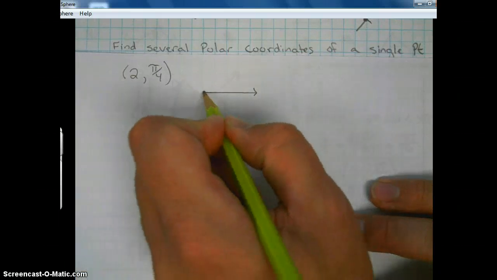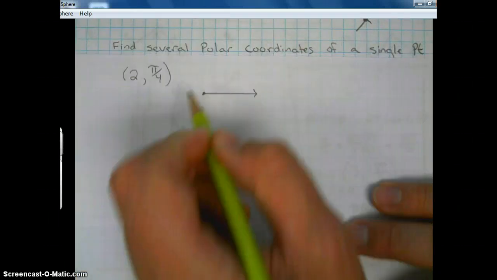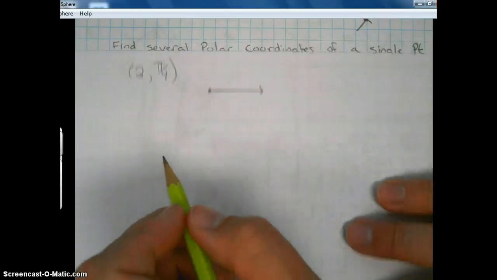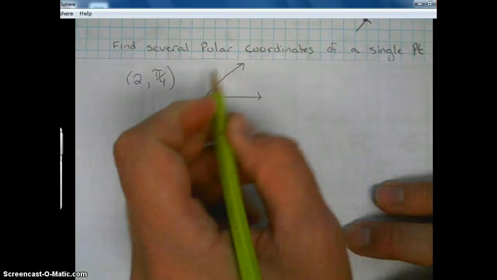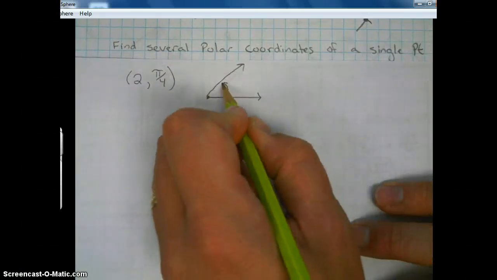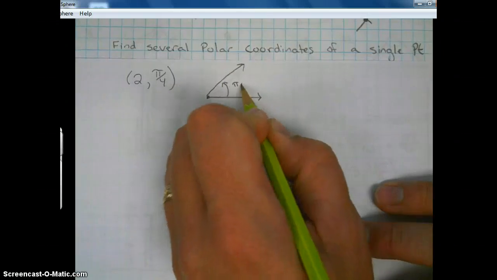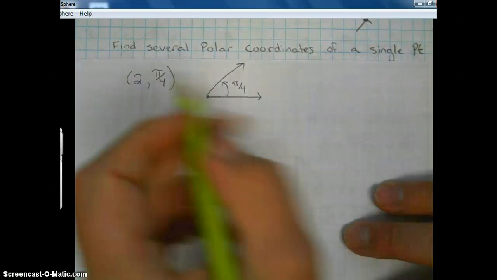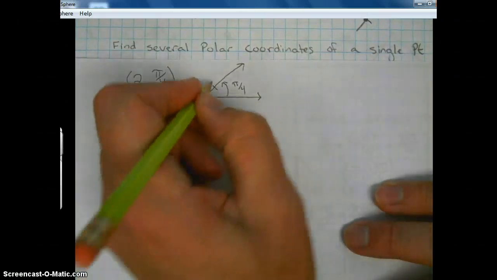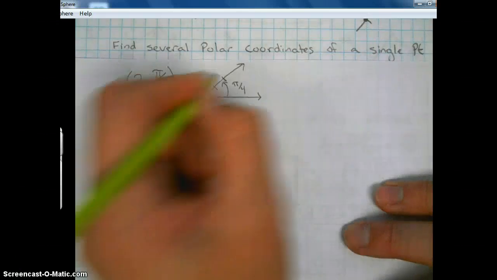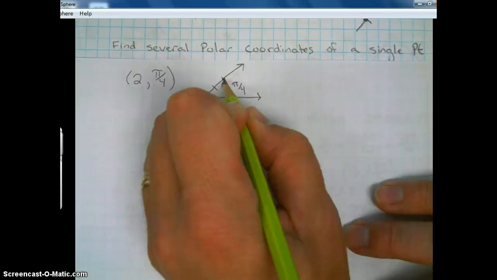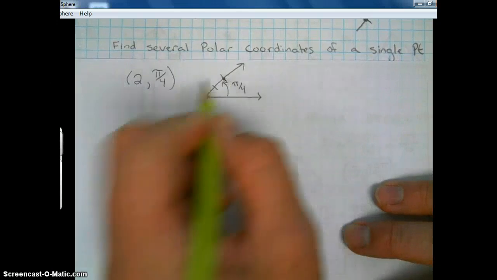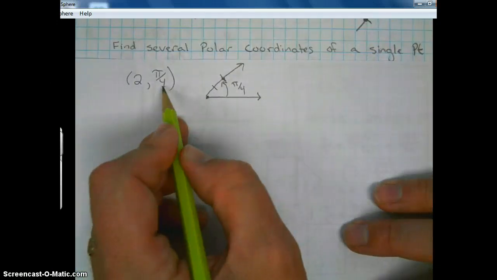Pi over 4 is approximately somewhere in here. Now to go 2 units, we're just going to make a couple slashes here, and we're going to go 1, 2. So that's our point, 2, pi over 4.